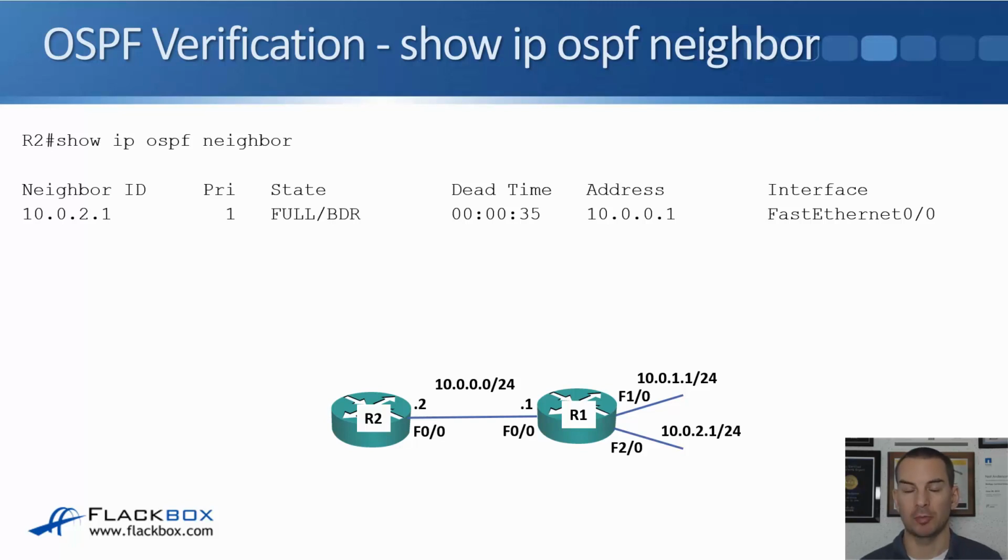Whenever I configure OSPF, the first command I always do after that, once I've configured both sides of the link, is show IP OSPF neighbor, check that the routers can see each other and they have formed an adjacency. So you see the example here, the neighbor ID is 10.0.2.1 and it's reachable out interface fast Ethernet 0/0.